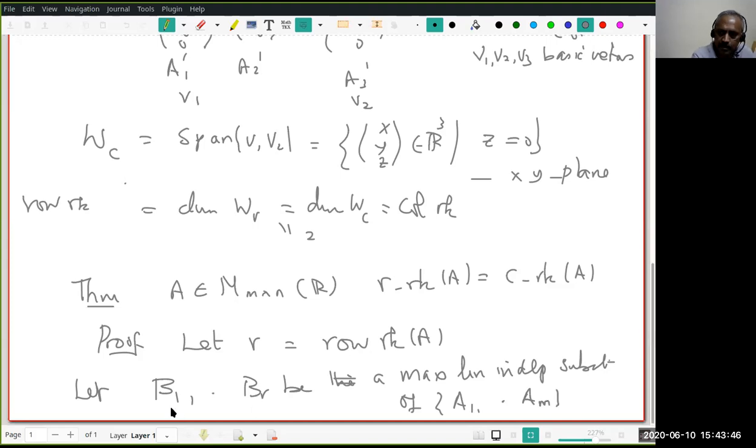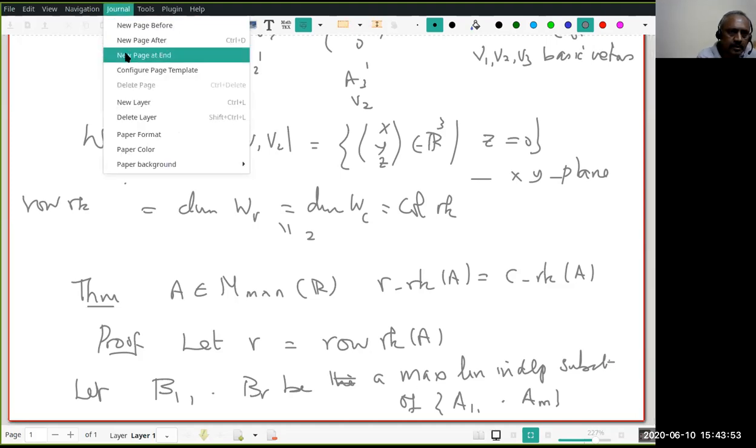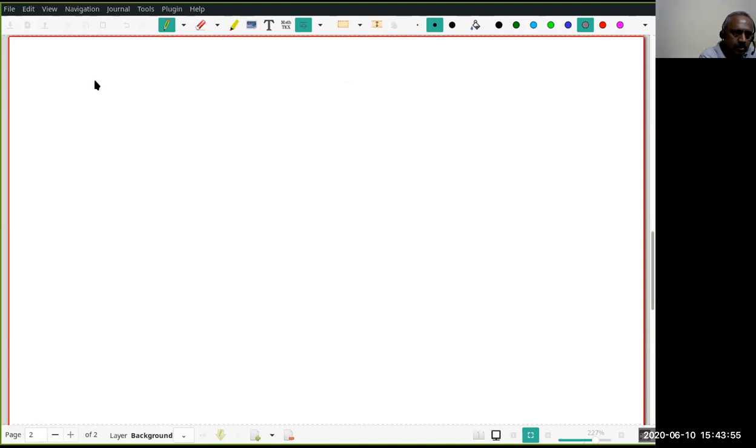So B1 may be AI1, BR may be AIR. Right. So now we will write any BI, that is the ith row, as (BI1, BI2, ..., BIN). It's a row vector, and how many entries are there? N entries. So this is a vector sitting in Rn row.